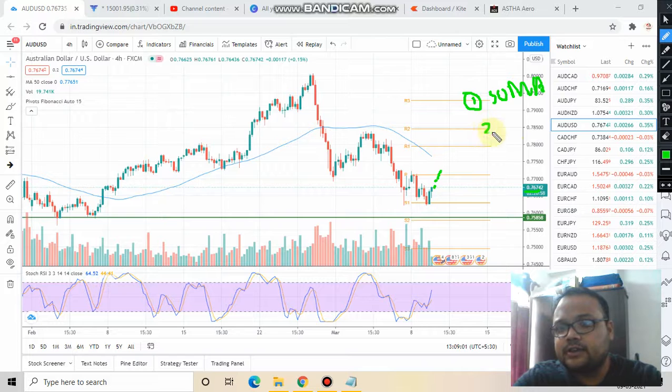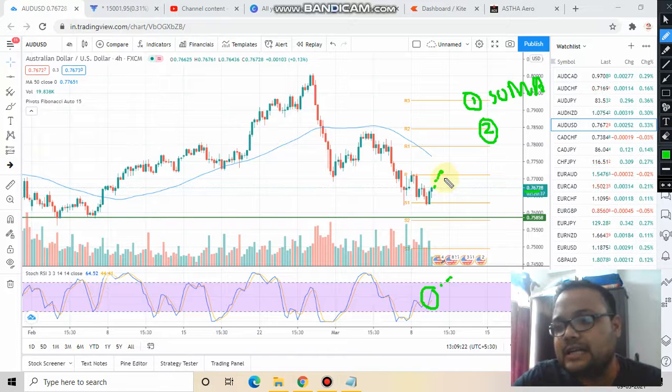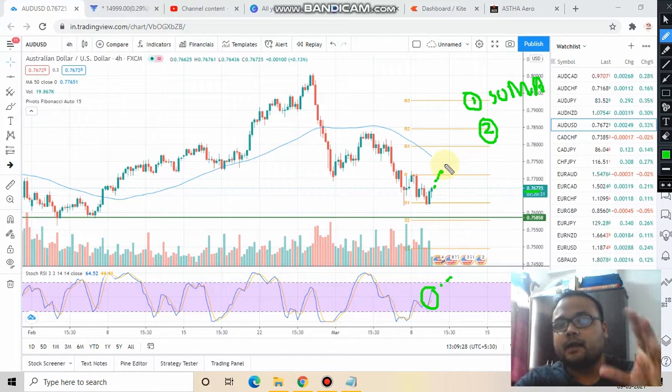And the second strategy is wait for the stochastic RSI to be precise, to go to the overbought zone. Right now it is in the middle. Wait for the stochastic RSI to go to the overbought zone. When stochastic RSI will be in the overbought zone, then just wait for the market to form some big bearish candle or a shooting star kind of a pattern.